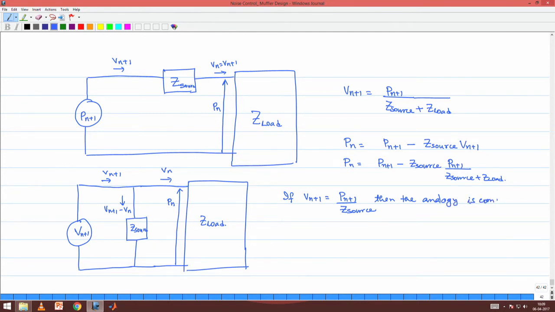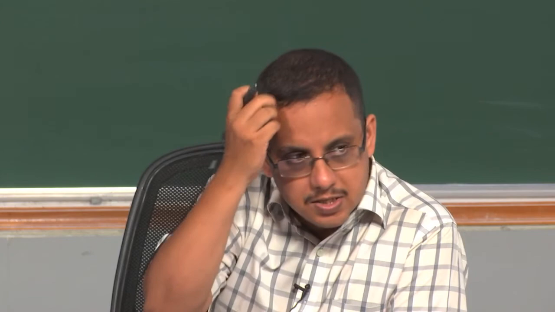The analogy between the two source models, one in which we are modeling the source as a voltage source, or in acoustic terms as a pressure source, and the other in which we are modeling the source as a velocity source, or in electrical terms as a current source.